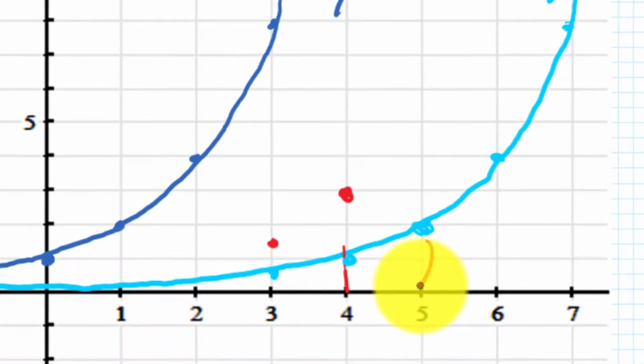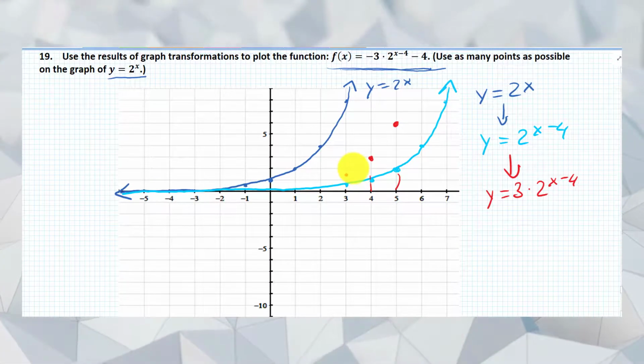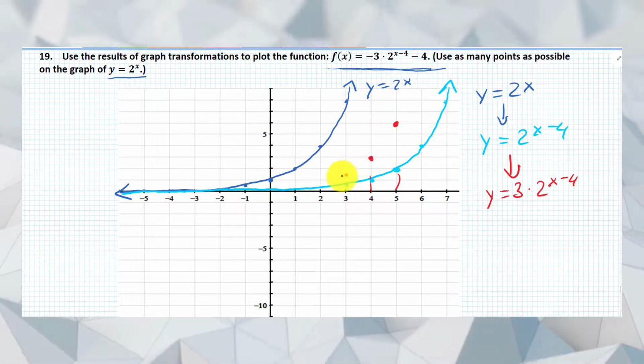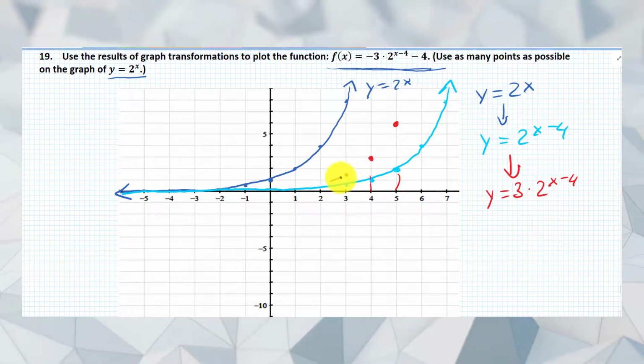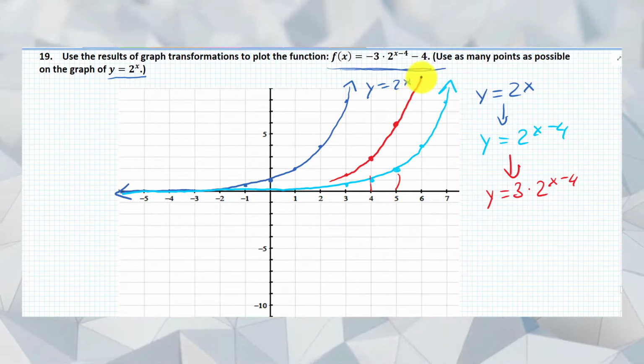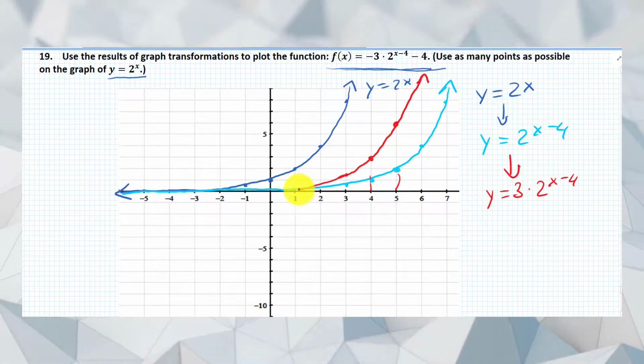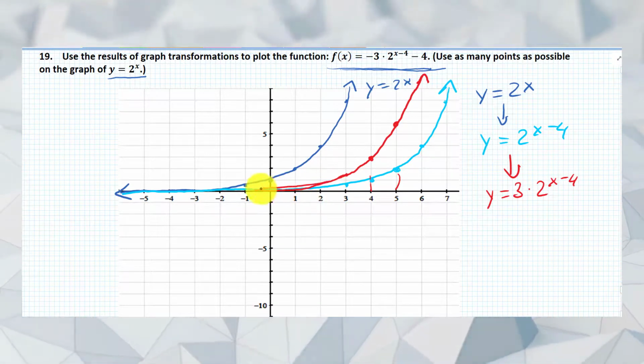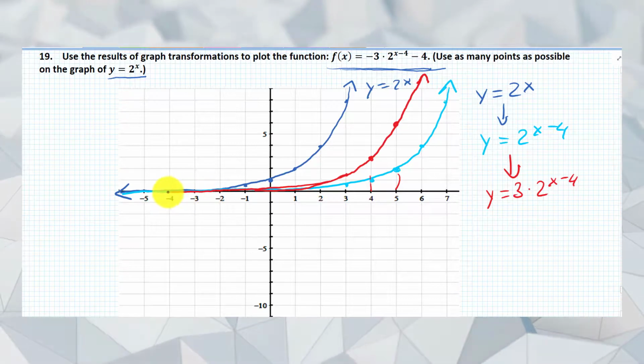This is 2. 2 times 3 is 6. This is 4. 4 times 3, oops, I've lost it. So I just have these 3 points. That's not too many, but hey, that's a dilation by a factor of 3 that makes me lose many points right here. And this graph actually is above the blue, because I multiply by 3.